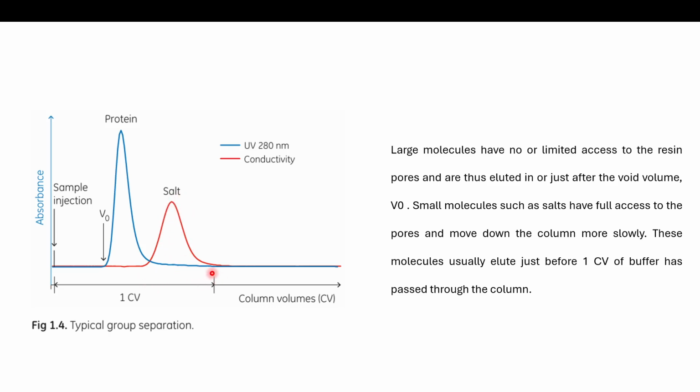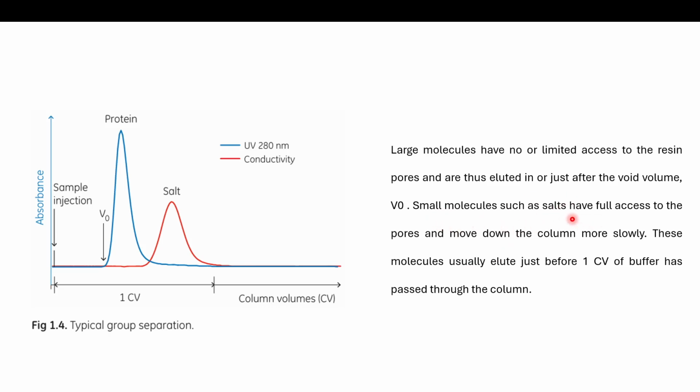Along with the mobile phase, the salt is coming down slowly, getting inside all the pores of the resin and then coming out. So it elutes out almost near one column volume of the matrix. Column volume means if the matrix volume is, suppose, 30 ml, then 1 CV will be 30 ml. Okay.